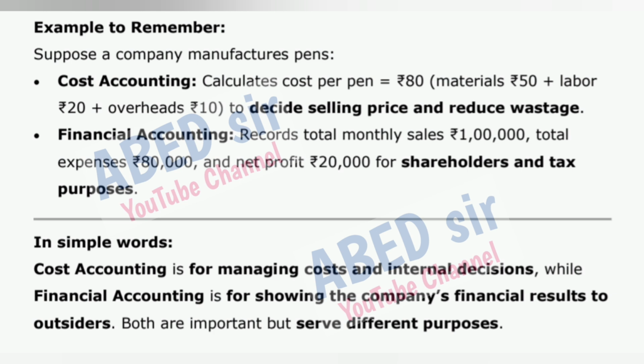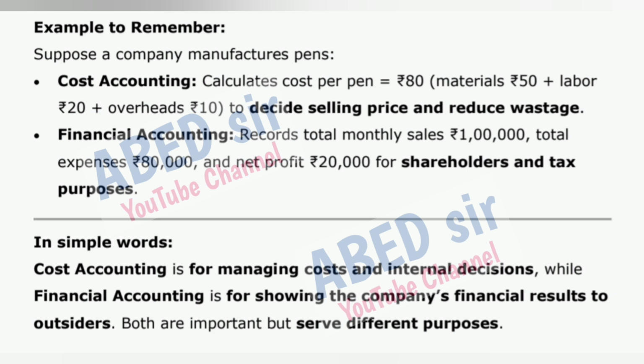Example to remember. Suppose a company manufactures pens. Cost accounting calculates cost per pen is equal to 80 rupees: materials 50 rupees plus labor 20 rupees plus overheads 10 rupees, to decide selling price and reduce wastage.